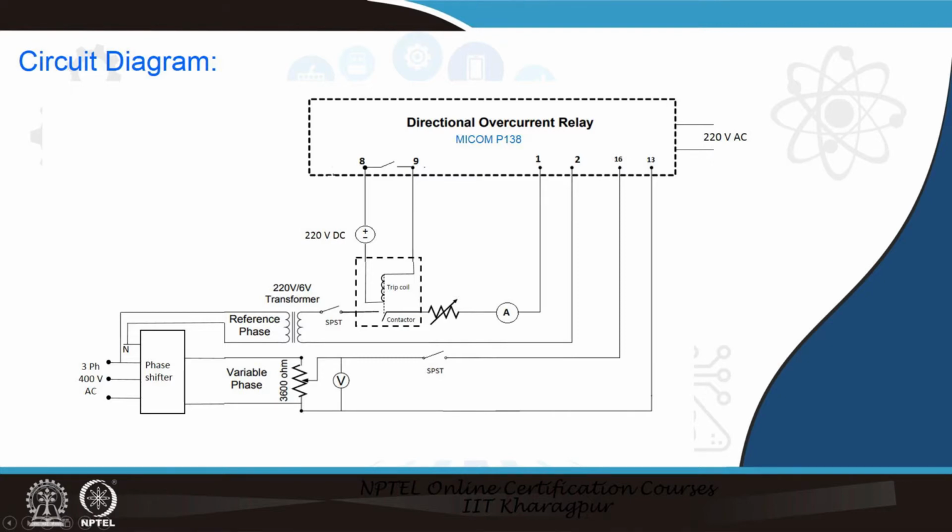One is the current input to the relay, which goes for the overcurrent principle. In case of overcurrent, the relay participates in the trip decision making process. If that does not happen, then there is no question of trip. Now, the direction information comes from the angle between voltage and current.